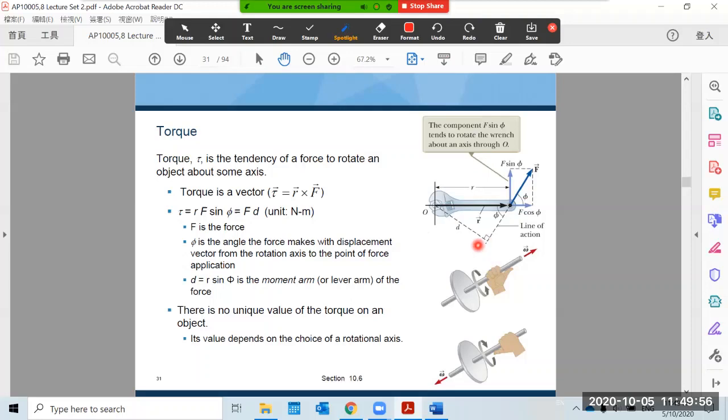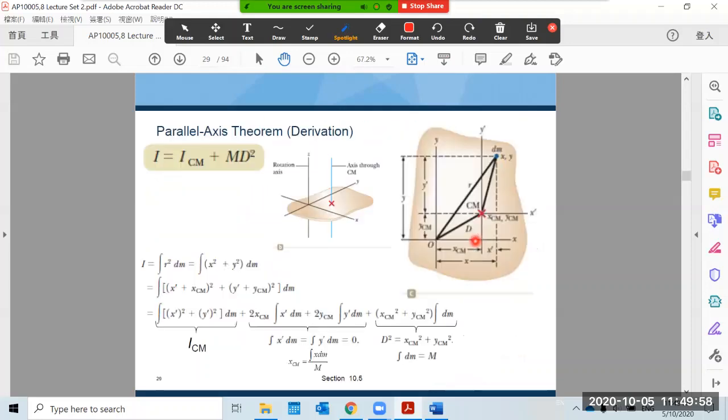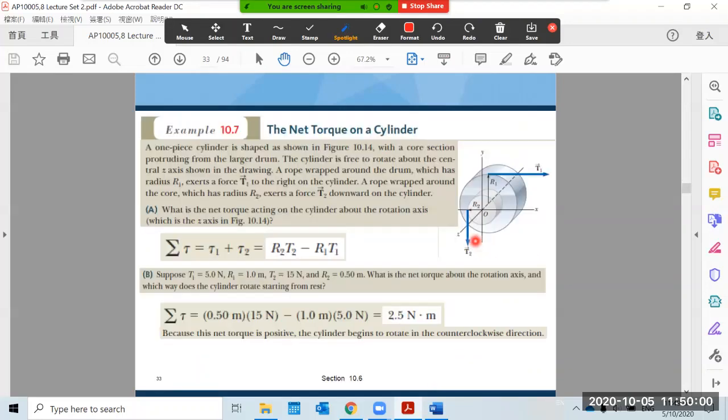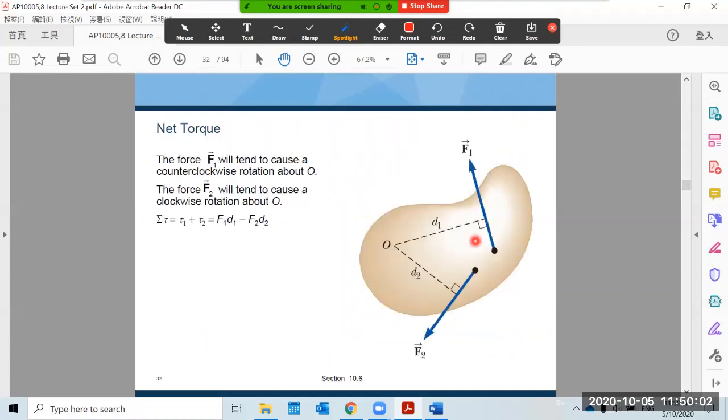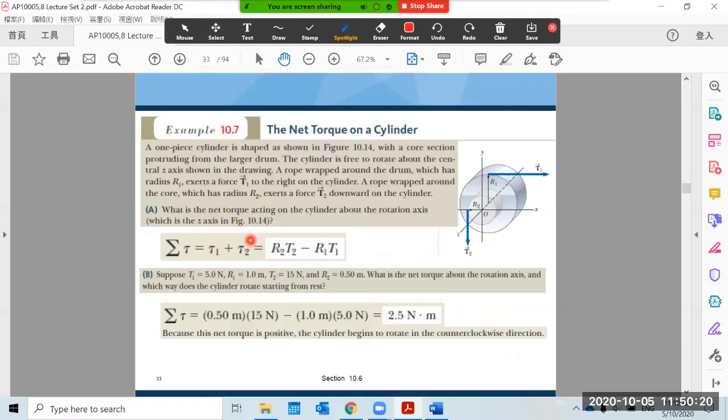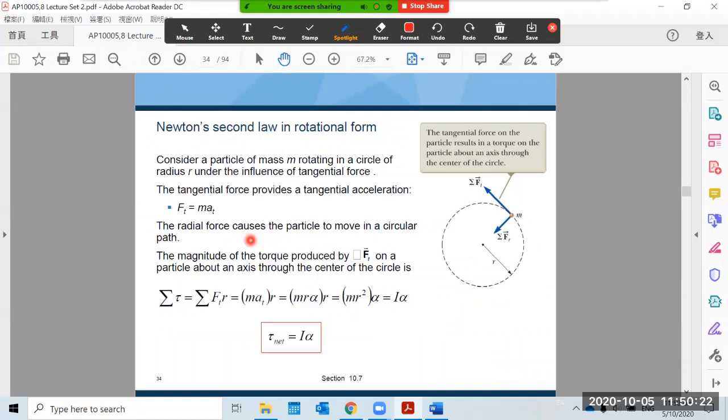Okay. So we talk about the torque, and of course, we have to be careful about the direction of the turning effect generated by the torque, just like we have to be careful about the direction of the force. It has to be the net force. So similarly, it has to be the net torque that is related to the angular acceleration of the object.